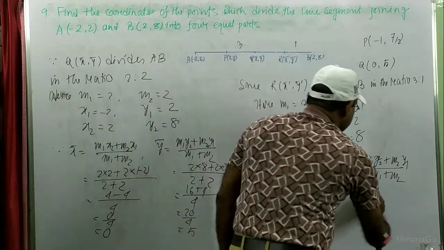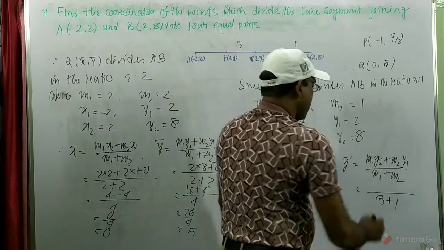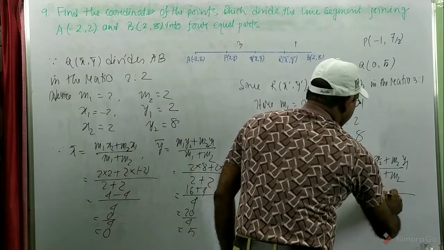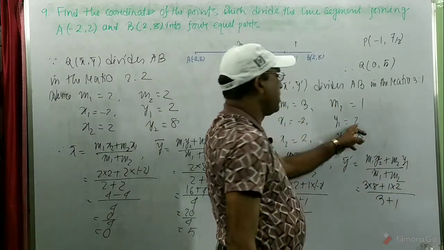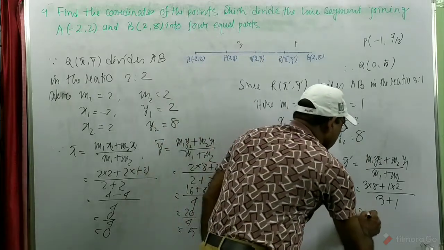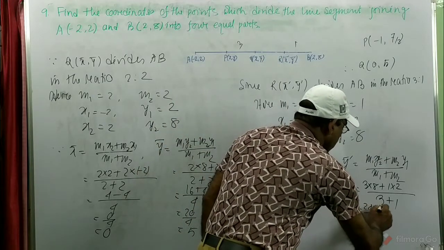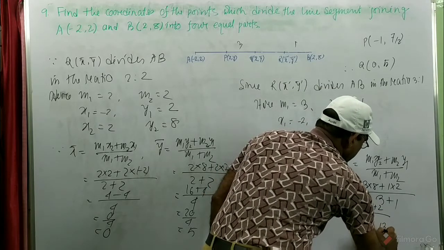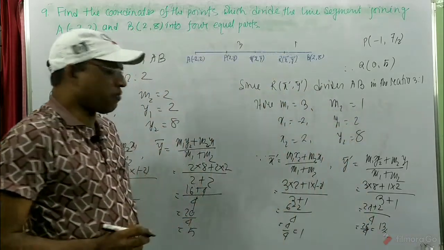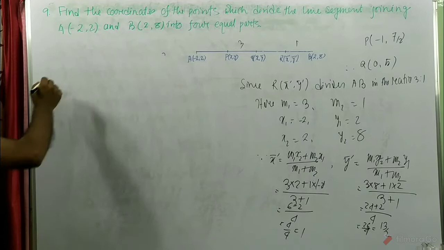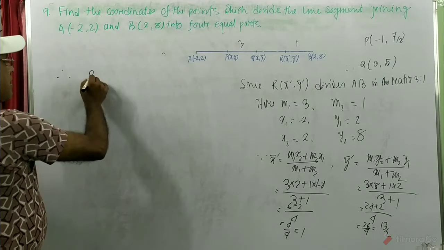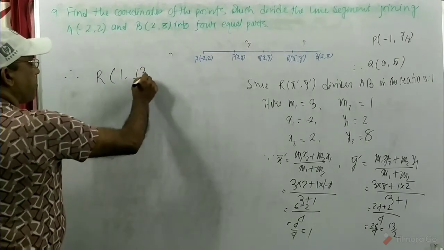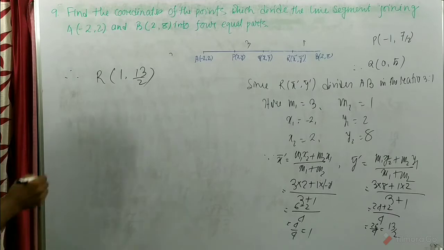And here again the same, 3 into Y2 means 8, plus M2 is 1 into Y1 means 2, by 4, so 24 plus 2, this is 26 by 4, cancelling by 2, 13 by 2 we get. Therefore the point R equal to 1 and 13 by 2. So this is our answer.